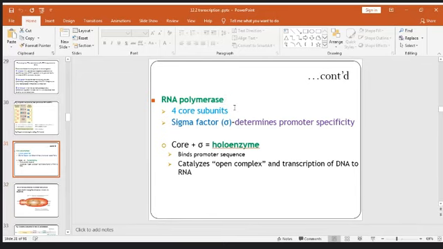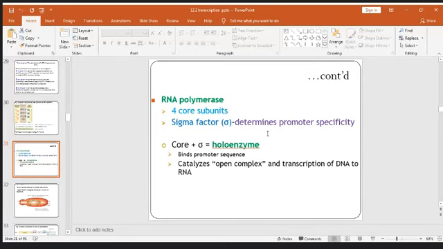When we see RNA polymerase, usually it has 4 core subunits plus the fifth sigma factor. Because the sigma factor is responsible for determining the promoter region from the DNA. Promoter region identify ከተደረገ በኋላ ነው ሌሎችም RNA polymerase subunits ሄደው ባይንድ ማድረግ የሚችሉት.